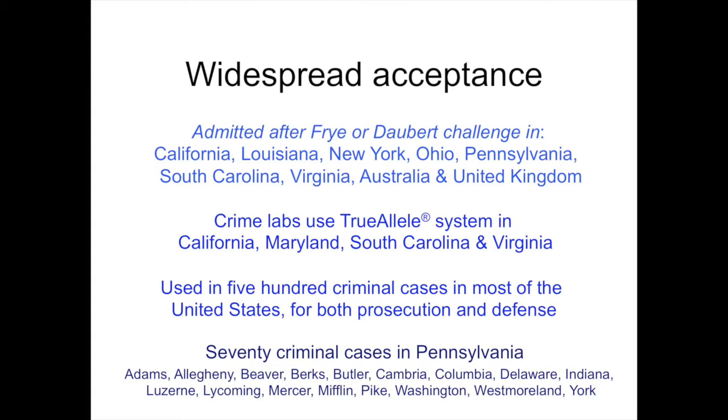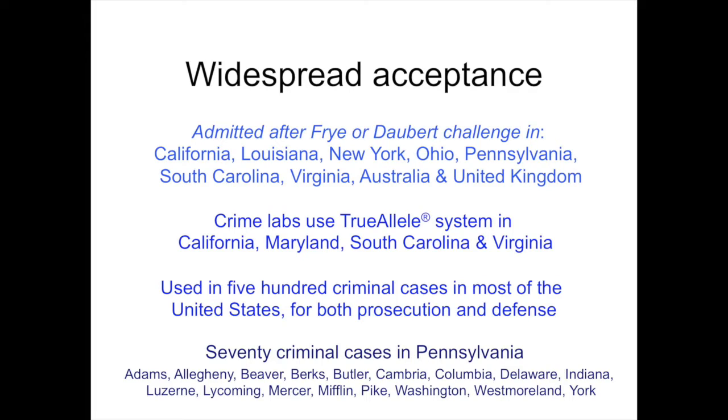So at this point, TrueAllele, we started developing it in 1999, and we went through 10 years of 25 versions of expanding the statistical model and testing it until we couldn't see that it was doing anything stupid or wrong through testing. And so after that development phase, it started being used in court.